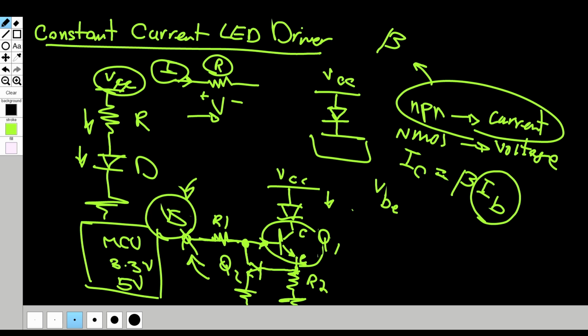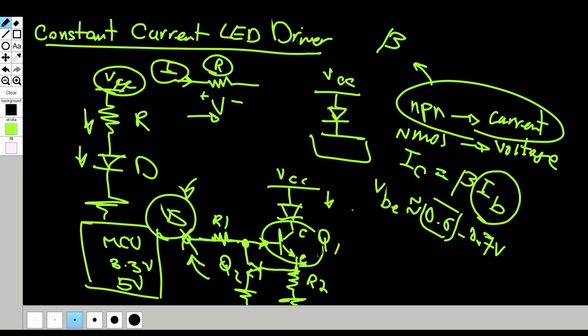The base to emitter voltage when the transistor is operating is usually about 0.6, sometimes 0.7 volts. It obviously varies between transistors, but let's say in this case it's 0.6 volts, right?